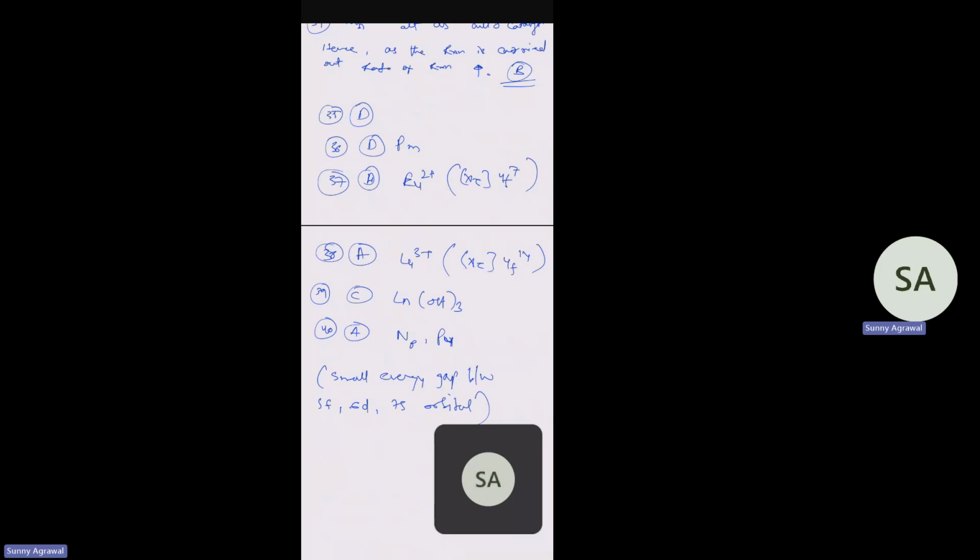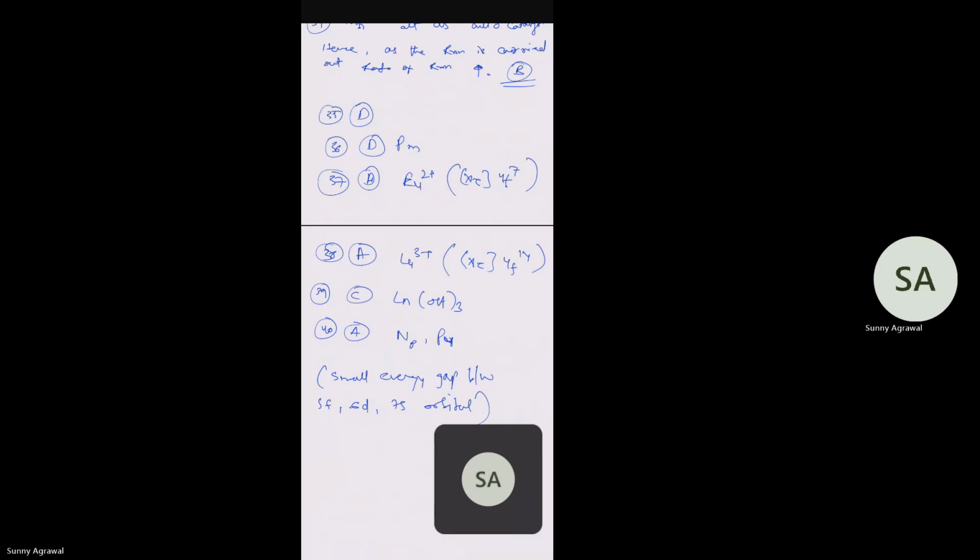Which of the following is a radioactive element? So option D, Pm, is the radioactive element. Remember it, it is important. Question number 37. Which of the following ions is paramagnetic? So here Eu2 plus is paramagnetic. It has 4f7 configuration, or 7 unpaired electrons. So option D is correct.